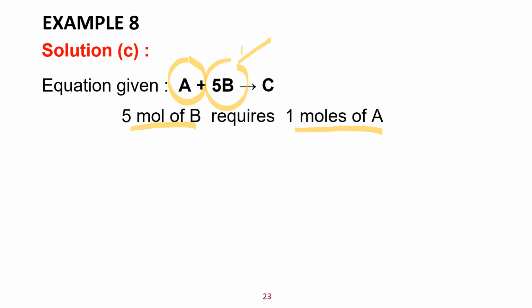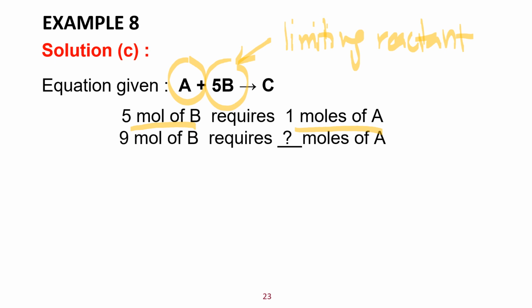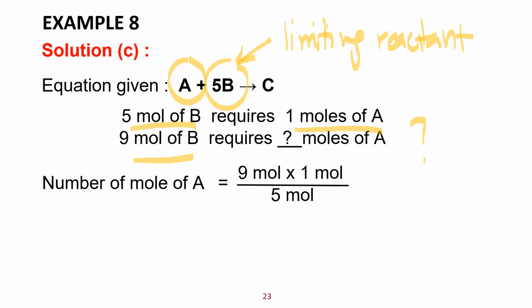The limiting reactant for this reaction is substance B. So, if we have 9 moles of B, how many moles of A are needed? To determine the number of moles of A, we can use the cross-multiply method and it will obtain 1.8 moles of A needed.